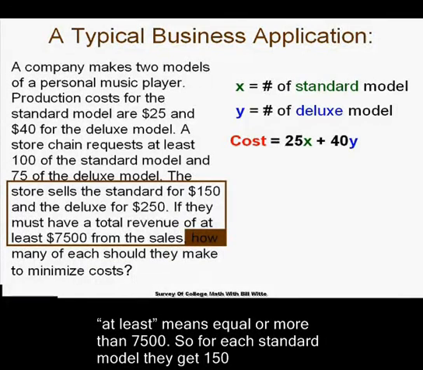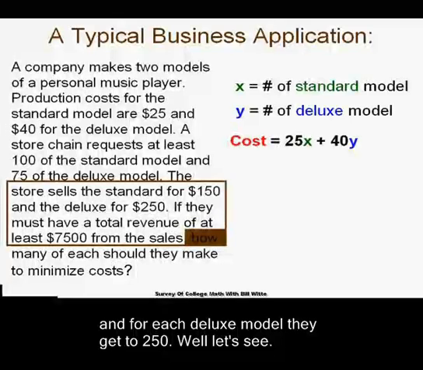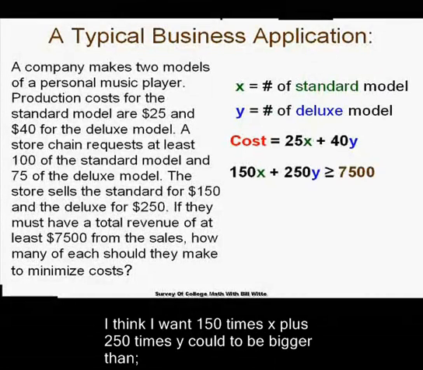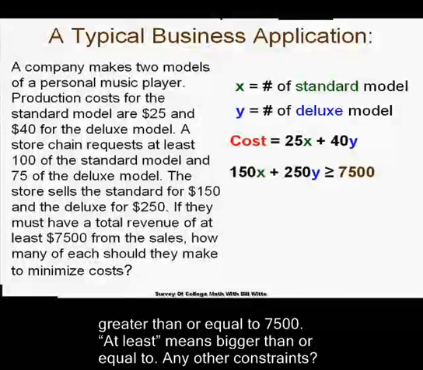Okay? So for each standard model, they get $150, and for each deluxe model, they get $250. Well, let's see. I think I want 150 times X plus 250 times Y to be greater than or equal to 7,500. Okay? At least means bigger than or equal to.